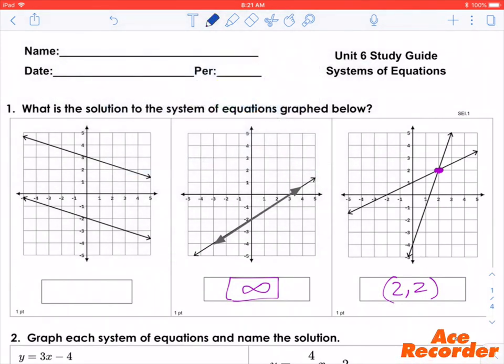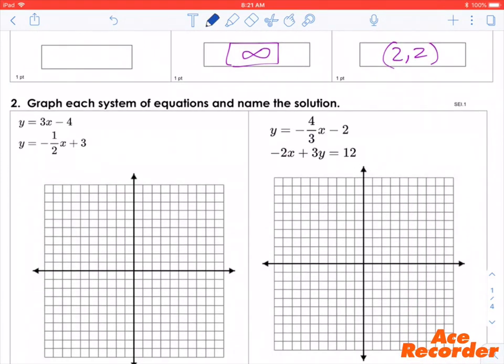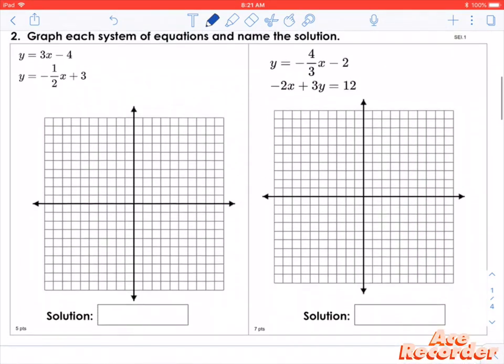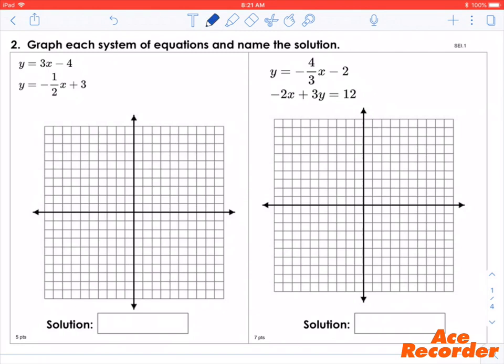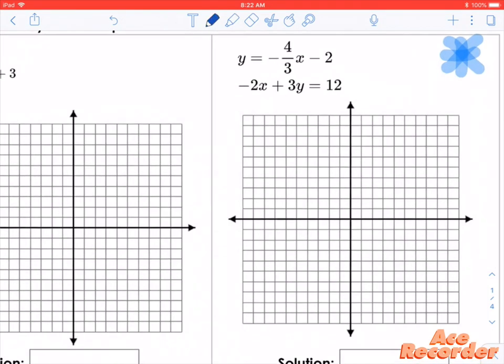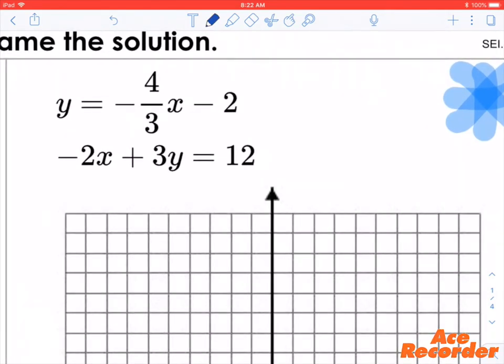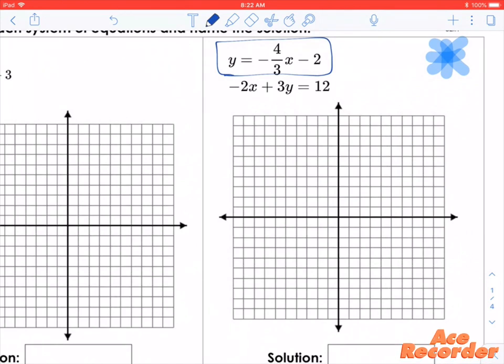On the next section, we are doing the graphing. Let's go ahead and go through number 2, the second one here, and graph that. The first one has y by itself, so it's ready to graph. We have a y-intercept of -2, so that's -2 right here.